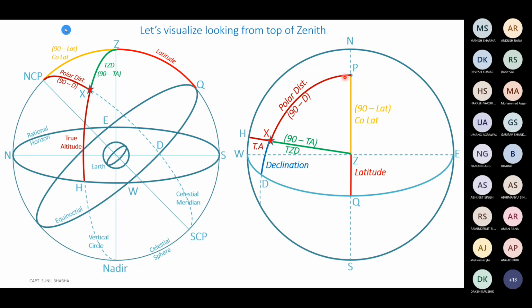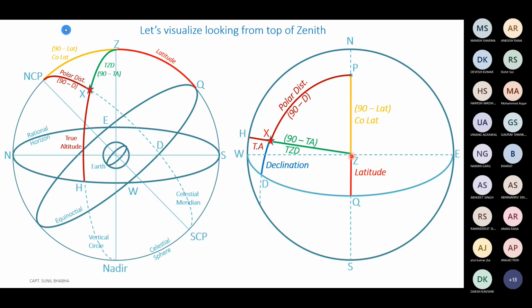Now, the first angle, which we are able to easily correlate and find out, is angle P in this PZX triangle. If you look carefully, the line PZQS represents the celestial meridian of the observer.